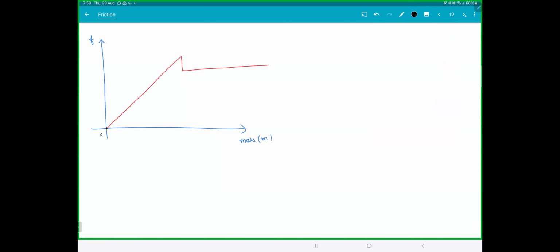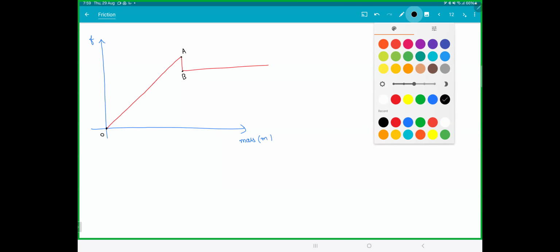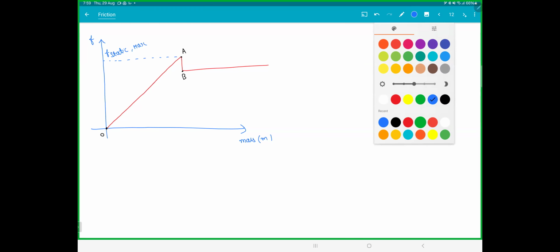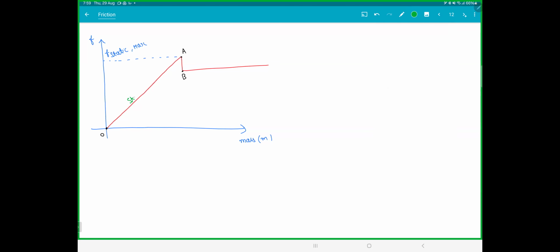So this is O, this is A, let's call this B. This maximum value here, we call F static max. This is called static friction. This is called kinetic friction.